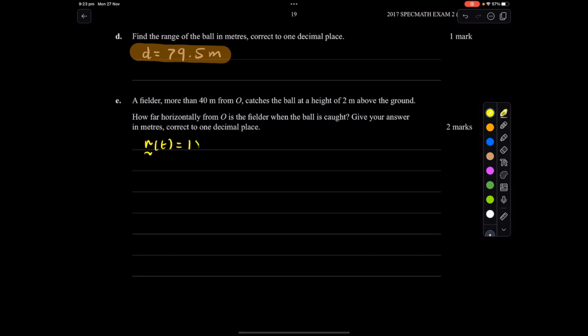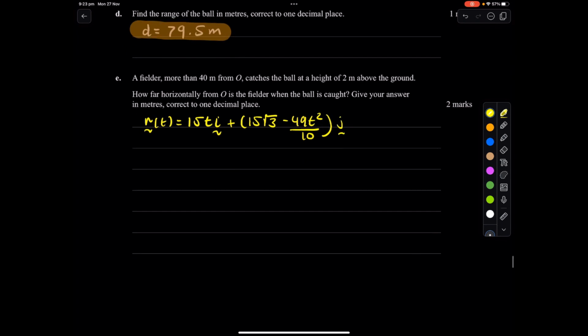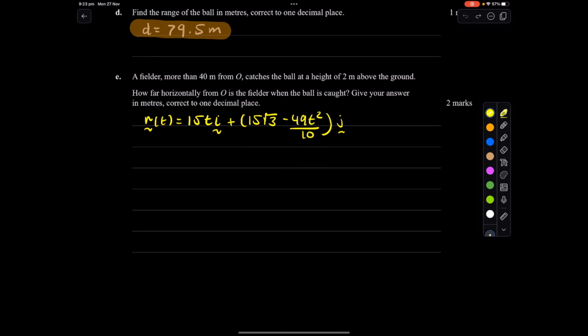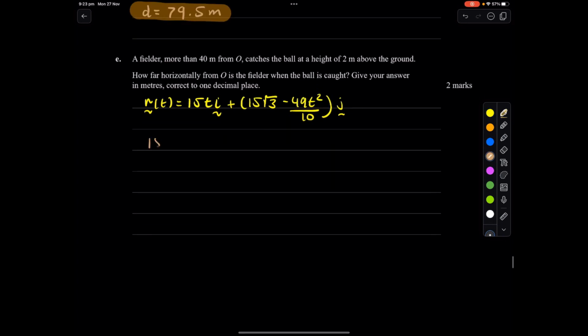It's 15 t i plus 15 root 3 minus 49 t squared over 10 j. So we have that, and because we already know that the vertical distance is 2, we can just take the vertical component over 10 should equal 2.